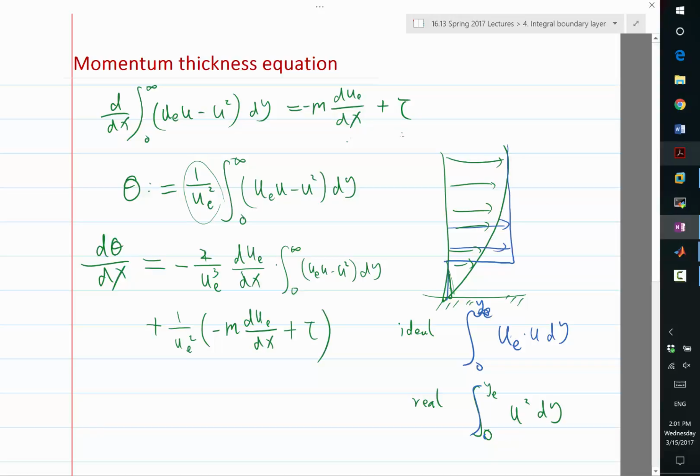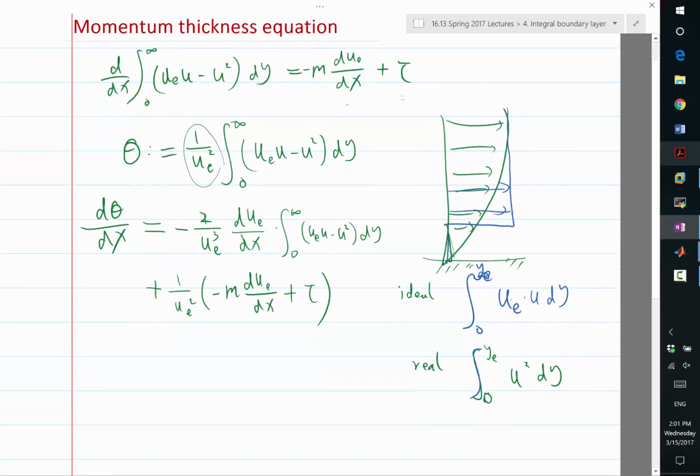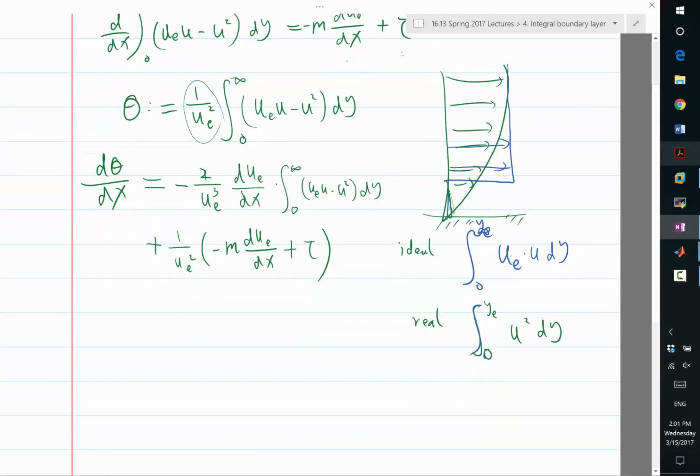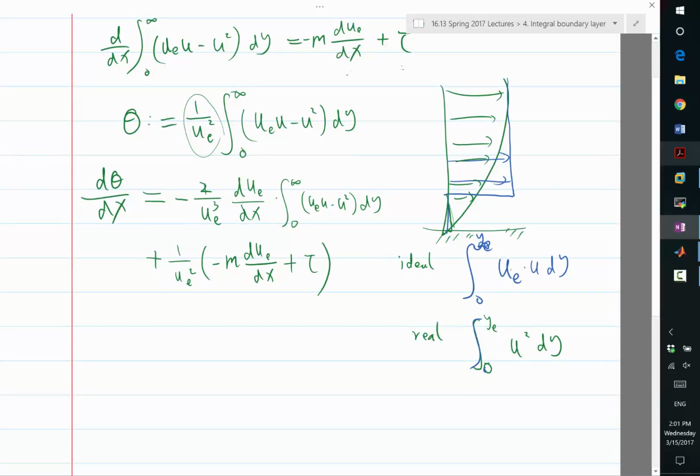All right. And now tau over ue squared is called the skin friction coefficient. I mean, usually tau over half of rho ue squared is the skin friction coefficient.